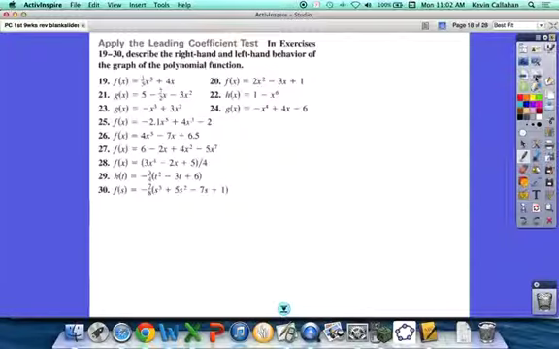So what if we looked at something like number 21? What is the degree? It's squared, right? And what is the leading coefficient, positive or negative? So don't worry that they didn't write it as the first term. The highest degree term is x squared. The leading coefficient is negative 3.